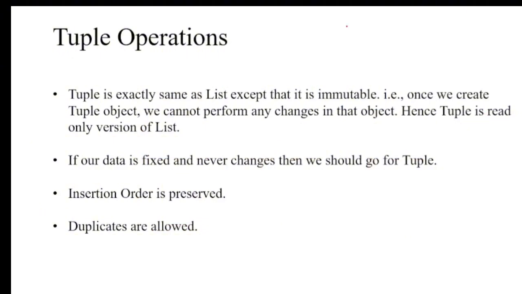So to create a tuple in Python, let me give you an example. We have a tuple, let's say tup. This is my variable, and it will store my tuple object. So I have tup, and then we use parentheses. Yeah, we use parentheses to create the tuples. So I can say I have 1, 2, 3, and then 4.